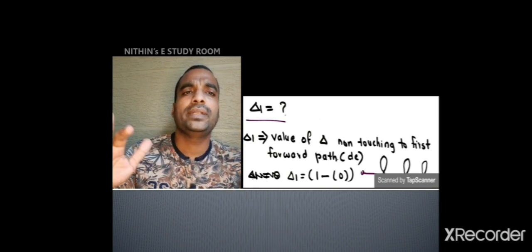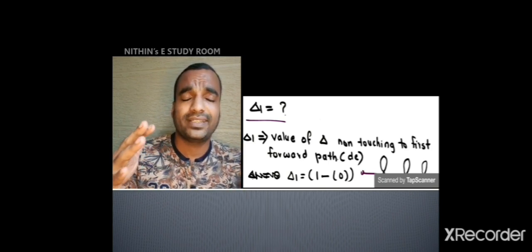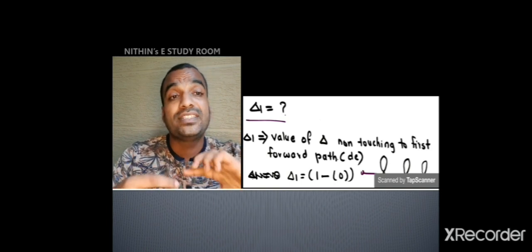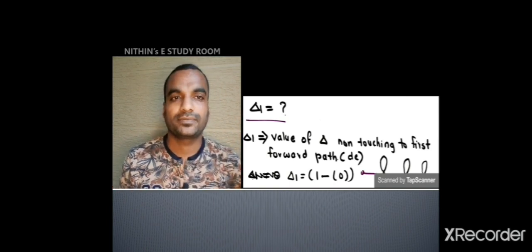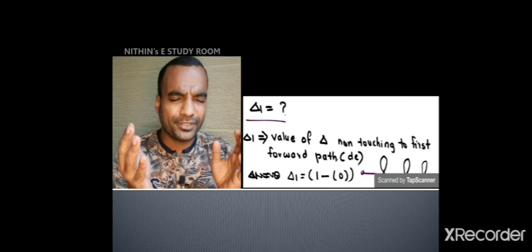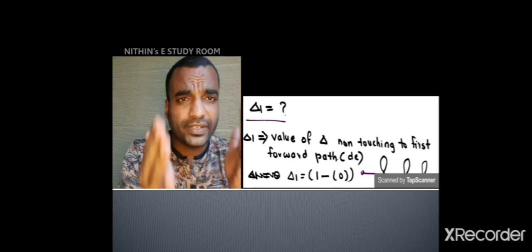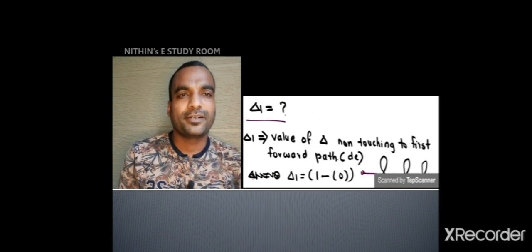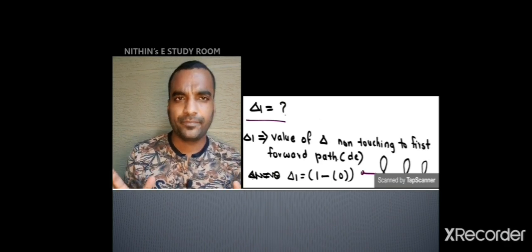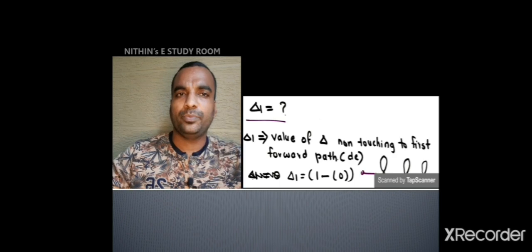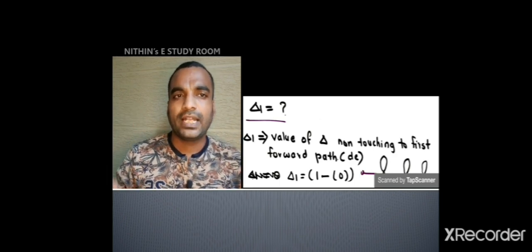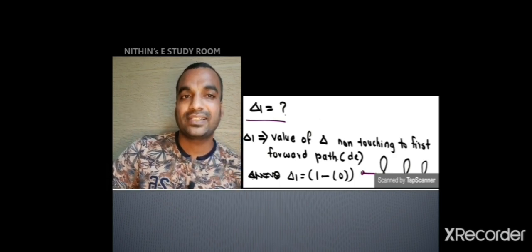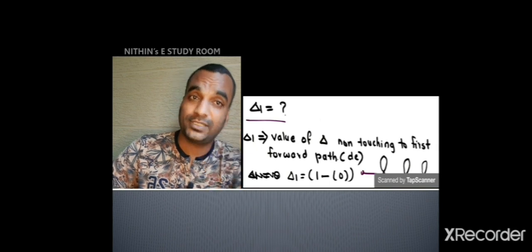And you have to eliminate all things that comes under the delta which are touching on first forward path. This you have to be very careful, and you have to invest your brain here for a while. Please think. Now you are getting a big equation of delta, and you have to check each term whether it is touching on first forward path or not.